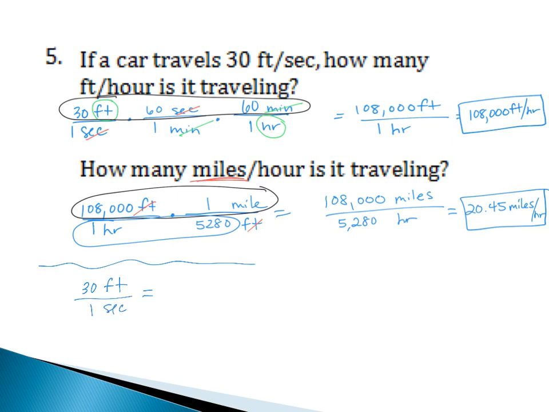And what you'd have to do is say, okay, if I want to convert that, I want to figure out how many feet per 3,600 seconds, because 3,600 seconds is the same as 1 hour. So to me, it's harder to figure out this number, because once it's set up, it's not too bad. Then you just do your cross multiplying. But I think the setting up is more difficult that way.